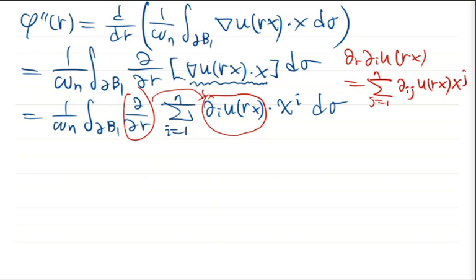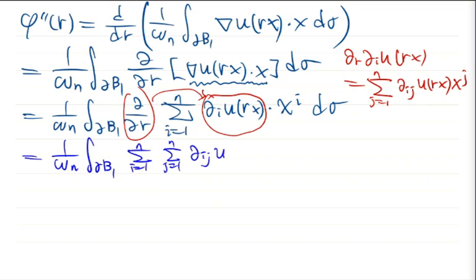So go back to our computation, we will have 1 over omega_n, integral over B_1, sum i from 1 to n, sum j from 1 to n, d_ij u(rx) x_i x_j, and then d sigma. So we let r equal to 0.